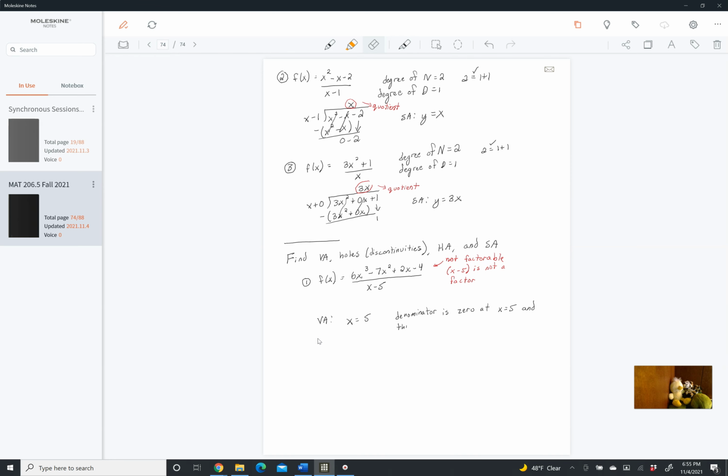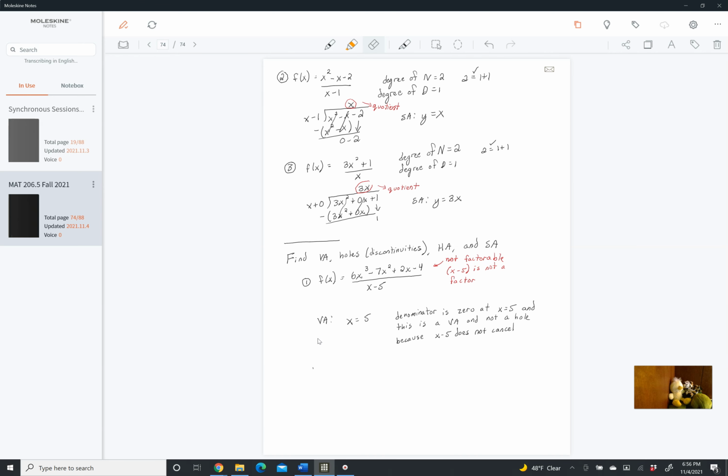We know that it's a vertical asymptote and not a hole because x minus 5 does not cancel. Again, if you're not sure, just plug in x equals 5 and see what happens. See if your numerator is 0.